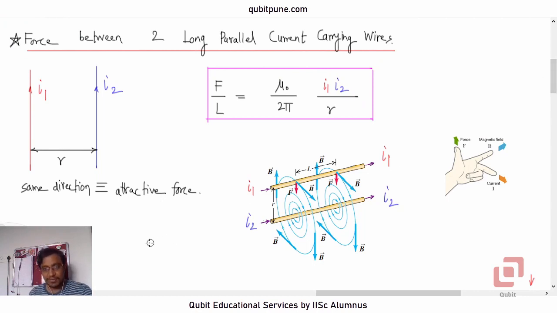Why is this force attractive? Let us consider I2 and try to determine the force due to I2 on I1. Again, in this case I will use the cross product. F bar is I L bar cross B bar.